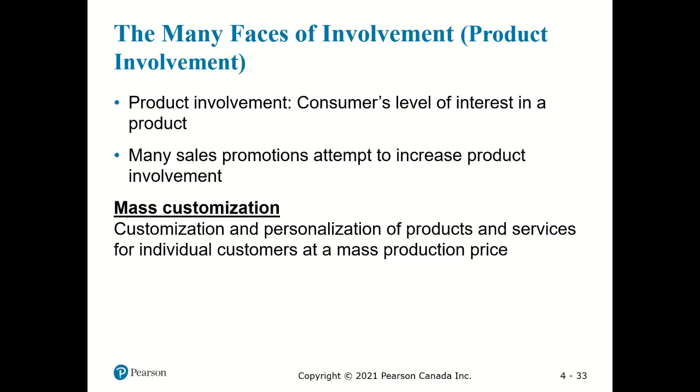So mass customization, like customization and personalization of the product and services for the individual customers at the mass production price. So what does this mean? Like customization, if someone wants to buy a couch as per their requirement, maybe 5 seater, 6 seater, or 7 seater, right? So the customization of the product.